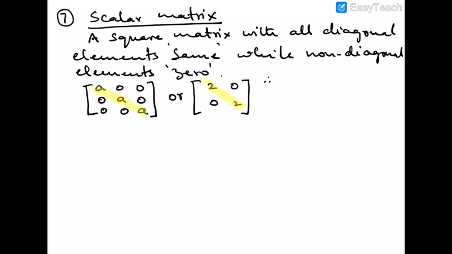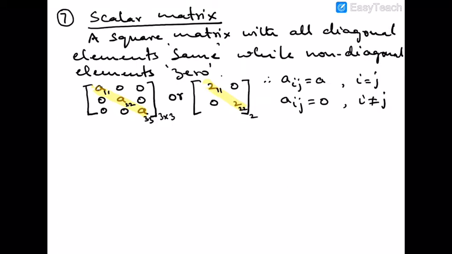Therefore Aij is equal to A when i is equal to j, and Aij is equal to 0 when i is not equal to j. So like here, all the diagonal entries have equal i and j.